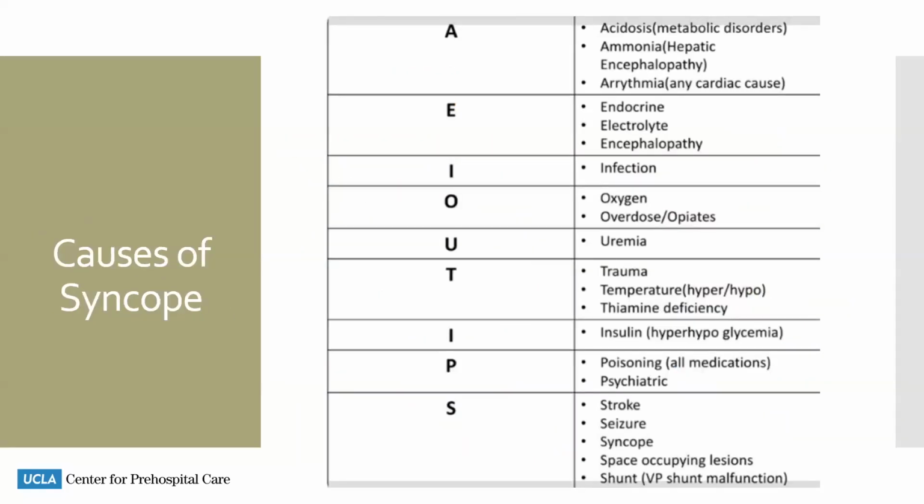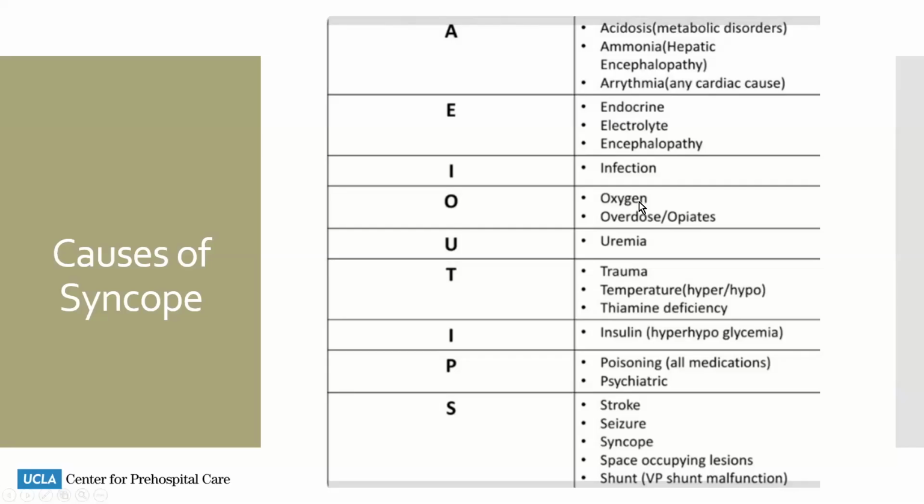So what are some causes of syncope or altered level of consciousness? This is something you're going to have to know as well, and we do quiz you on this when you come to paramedic school. We're putting you through different scenarios. We're going to ask you, what are the causes of altered level of consciousness?